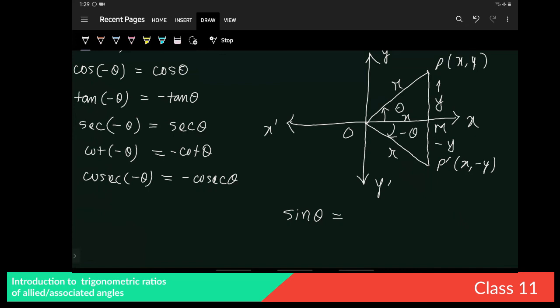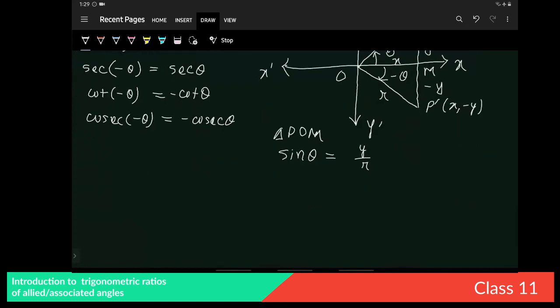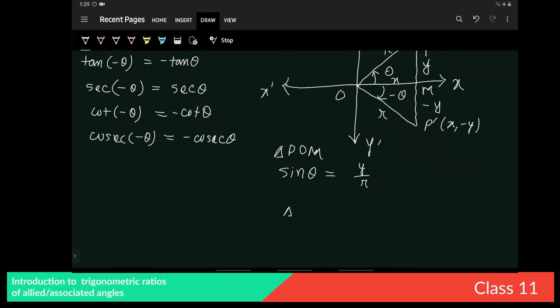So in triangle POM, sine theta is perpendicular by hypotenuse, that means y by r. Now in triangle P dash OM, what will be sine of minus theta?